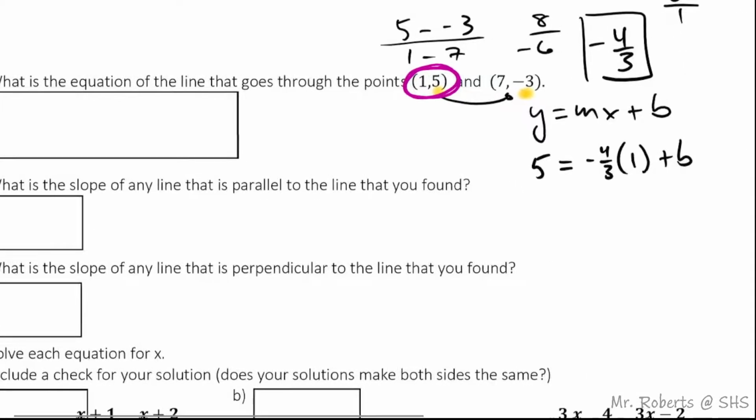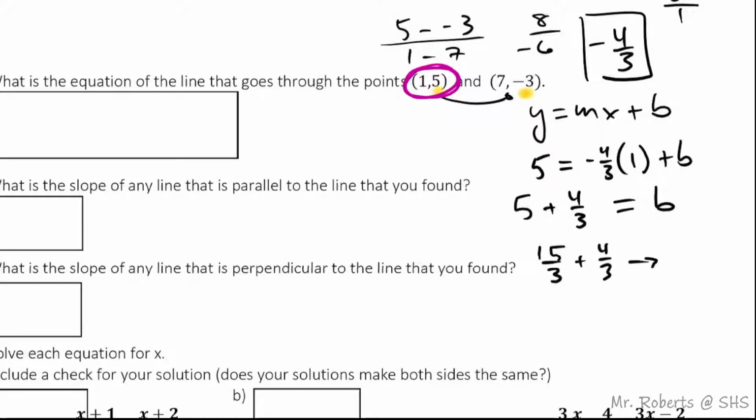So what it looks like I'm doing here is I'm just going to take the number 5 and add 4/3 to that, and that will be b. So you can see I just added 4/3 to both sides. 5 expressed as thirds is 15/3 plus 4/3, looks like that's 19/3.